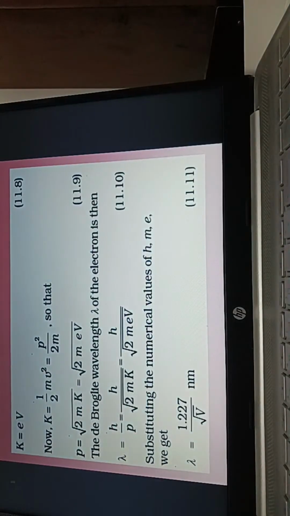H is Planck's constant, lambda is wavelength, p is momentum, because momentum is the product of mass and velocity. Hope you understand this. Yes, sir.